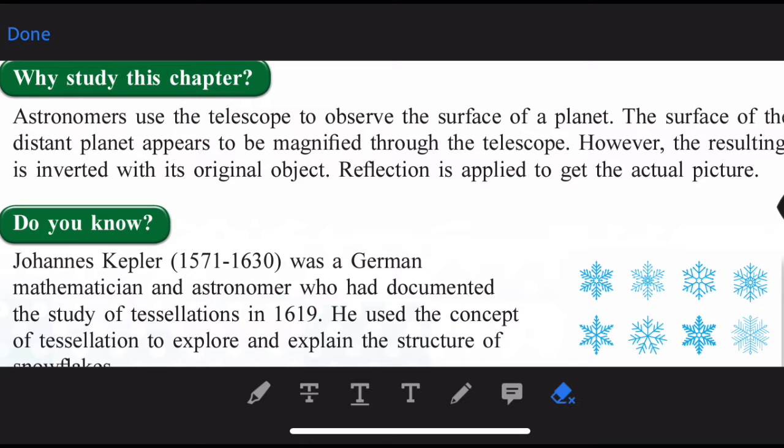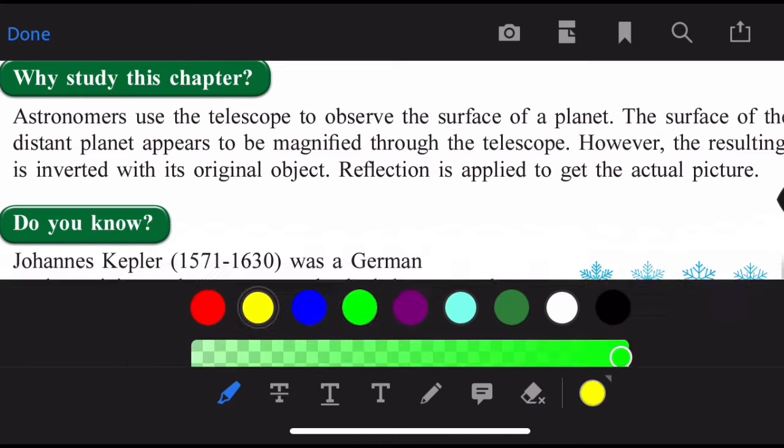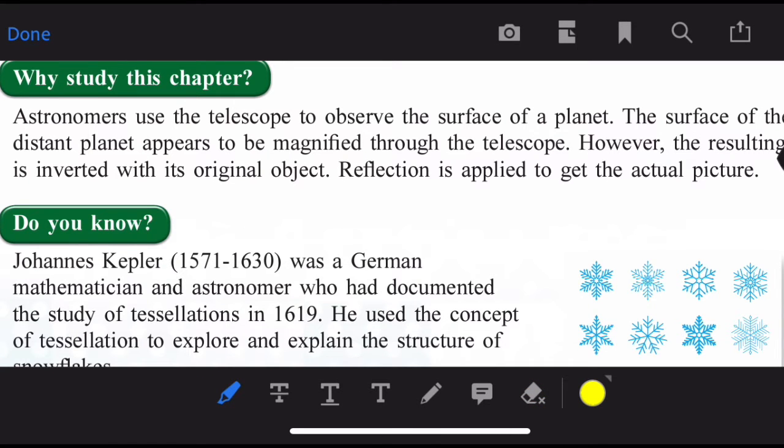Now, why study this chapter? Astronomers use a telescope to observe the surface of a planet. The surface of the distant planet appears to be magnified through the telescope. Magnify.